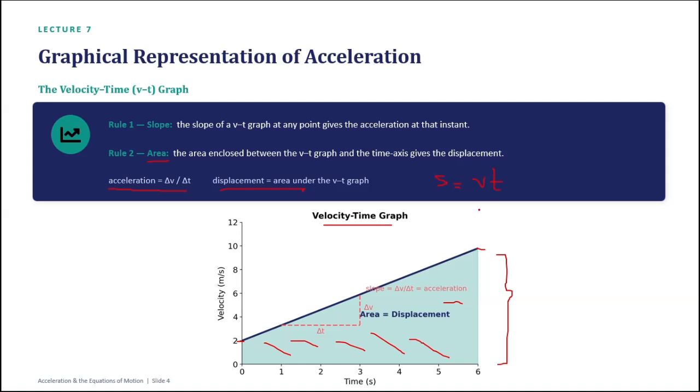Alright, so to summarize this slide, we have acceleration, which is the slope of the velocity time graph, and displacement, which is the area under the velocity time graph. Slope is equal to delta v divided by delta t, which is acceleration, while the area enclosed by this graph is equal to displacement, S is equal to vt.